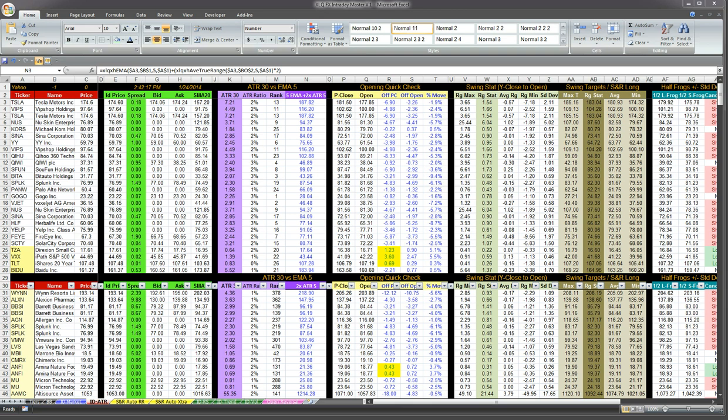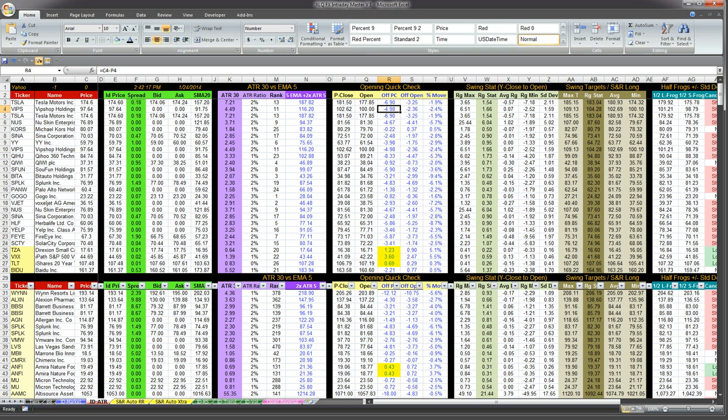In the yellow, we have the previous day's close and today's open. The next column, off PC, that's just the difference between the current price versus the previous day's close. So it's down $6.90, the current price from the previous close.